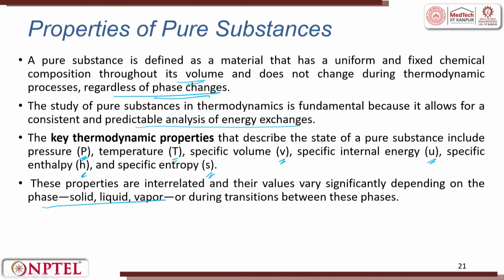So, then it is a good idea to find out for a working fluid what the values of the properties are; it is very important to do. So, we try to use this triple point diagram, we try to use the surface and then we try to extract the data. The state of the pure substance includes pressure, temperature, specific volume, specific internal energy, specific enthalpy and specific entropy.